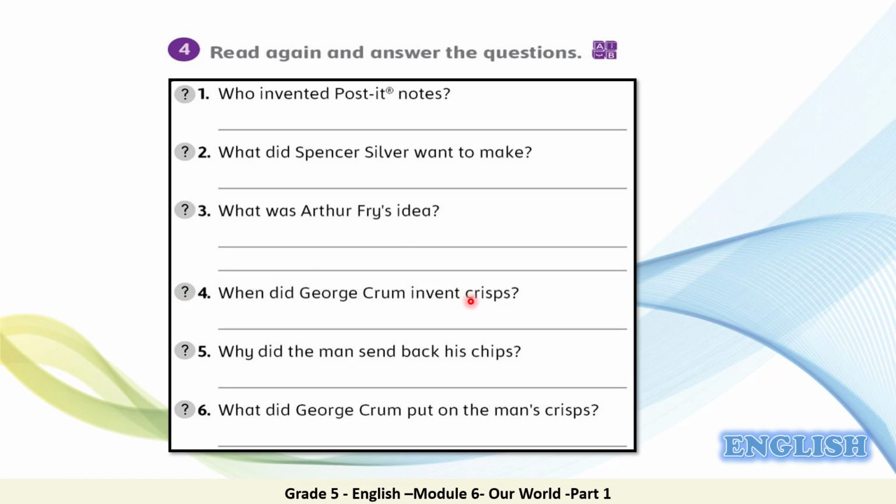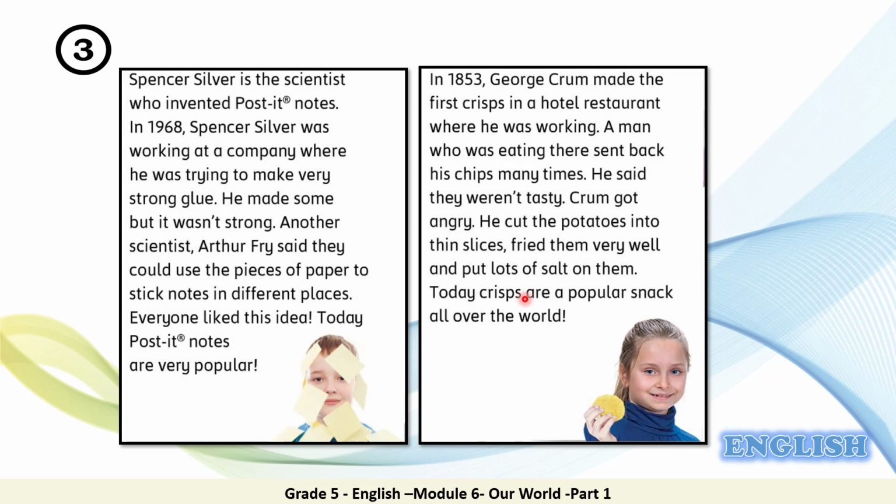When did George Crumb invent crisps? 5. Why did the man send back his chips? 6. What did George Crumb put on the man's crisps? Clear, my friends? Okay, here is the text again. Pause the video and read it, looking for answers for the 6 questions. You can read in your book's page 70, and don't forget to underline the answers while reading, okay? Go ahead.